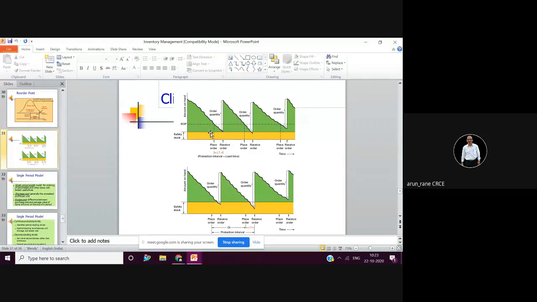The earlier graph, which I showed on Monday, did not consider the safety stock. The difference between that earlier graph from Monday's lecture and this graph is that in this graph the safety stock is included. Otherwise there is no difference.